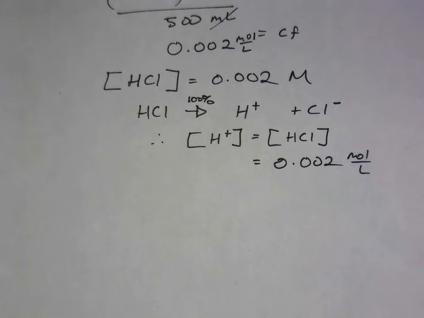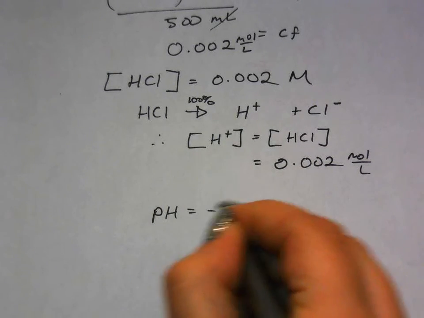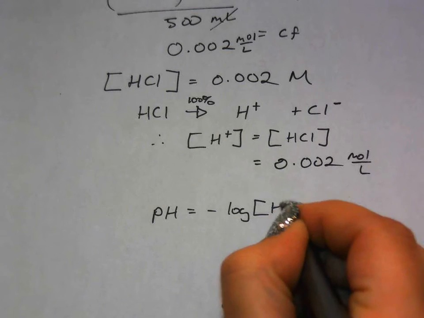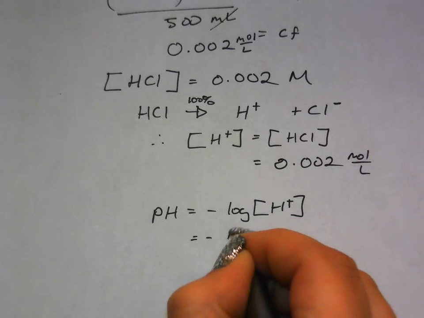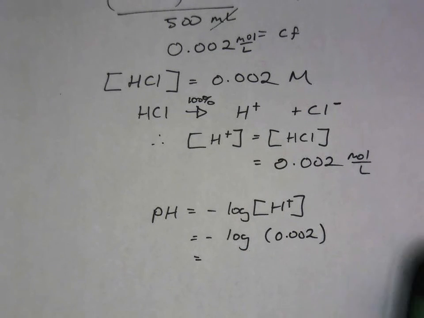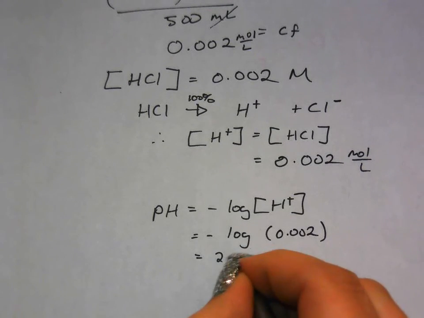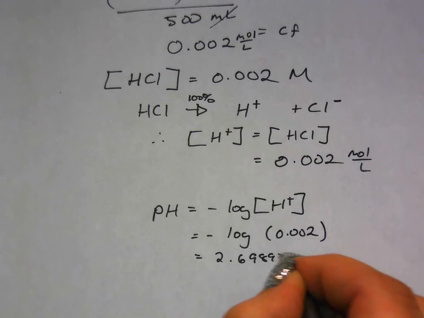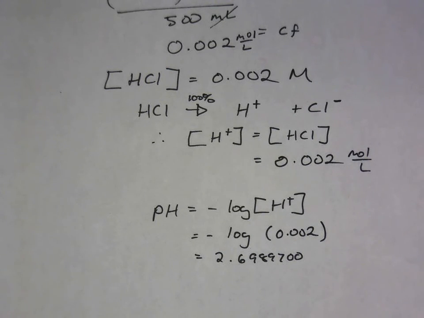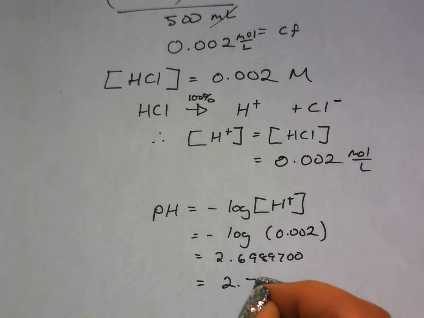If I want to know the pH, well, pH is equal to the negative log of the concentration of H+. Negative log 0.002 is 2.698970. In my question, I've only really got one significant figure, so my pH is 2.7.